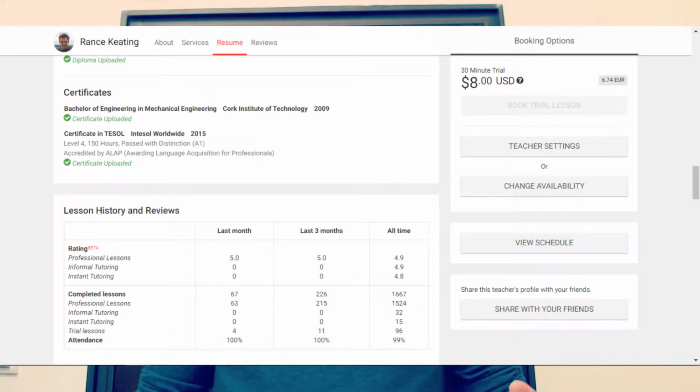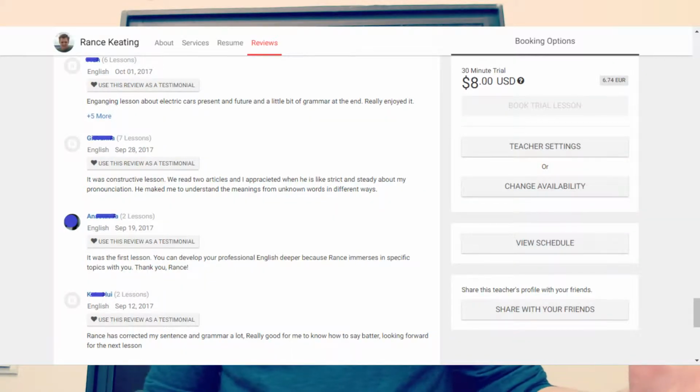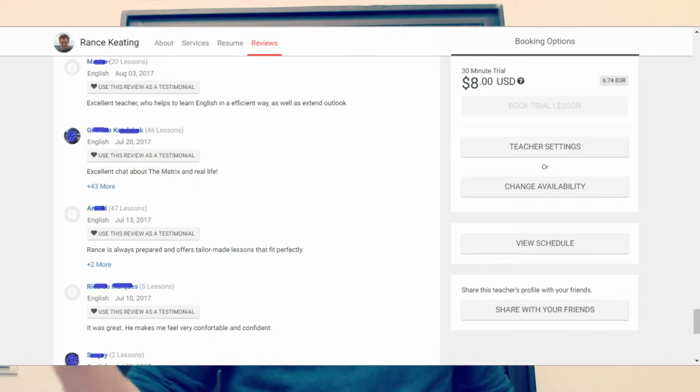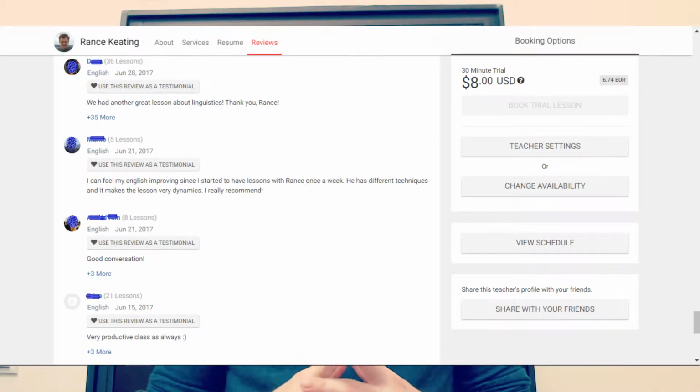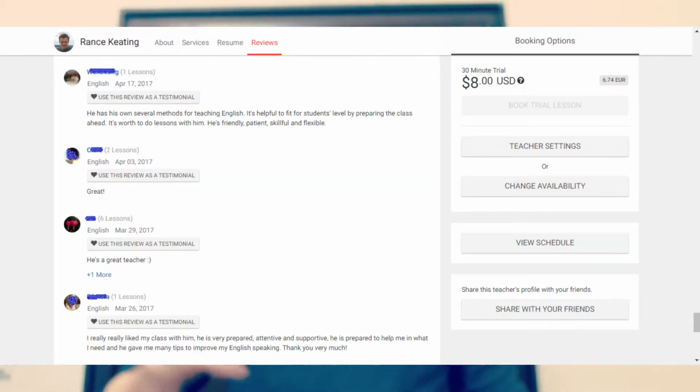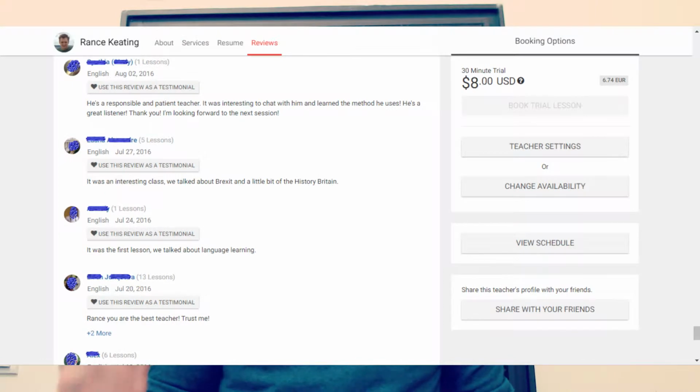I've taught students, Brazilians, Russians, Japanese, Spanish. A lot of students want to move to Ireland for a job, or maybe it's a Russian student who wants to move to the UK for a job. A lot of students are preparing for interviews in English, and then there's just a lot of students for whom English is a hobby.